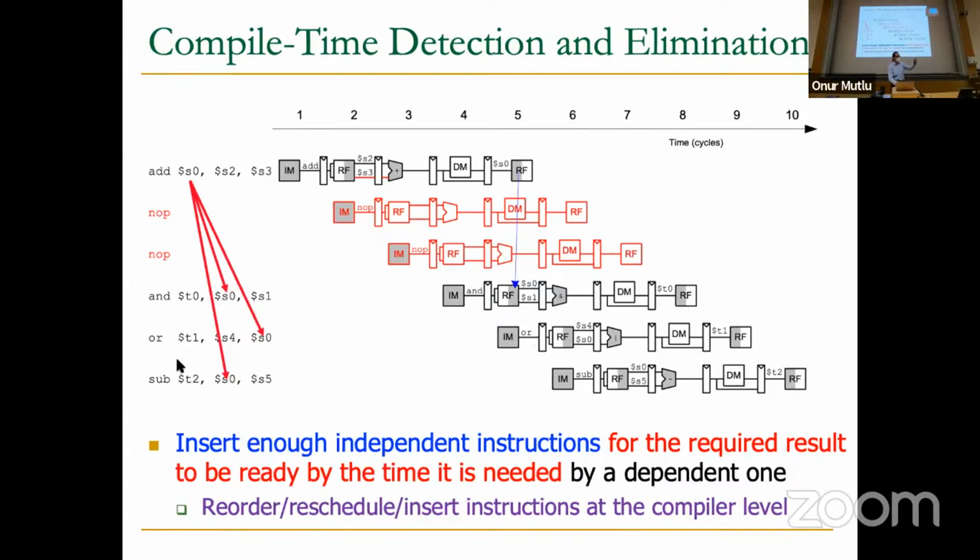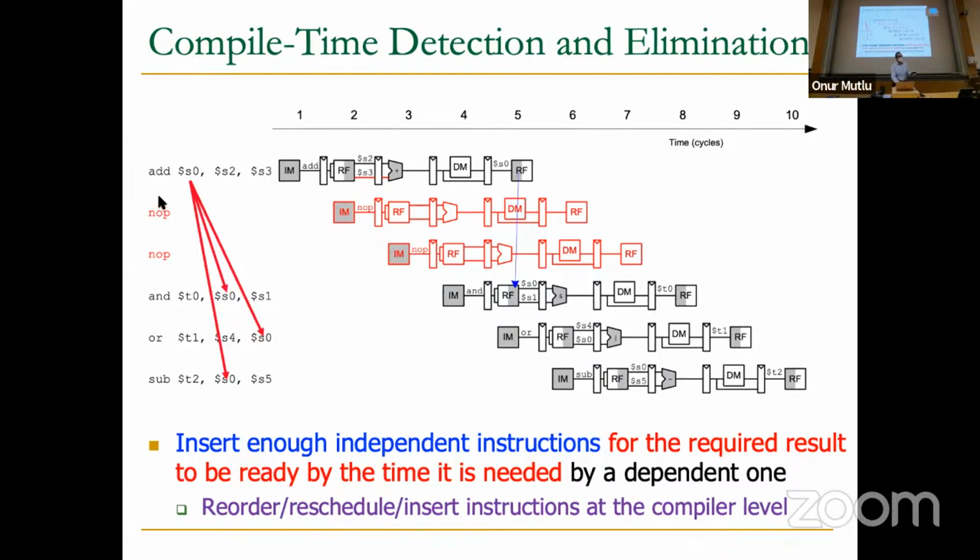It looks at the code and says, there's a subtract instruction that's independent of this add, and none of the other instructions depend on it. I'm going to take that subtract instruction from the bottom and move it up. As long as I don't change the program semantics, this is perfectly fine, and you did not waste any pipeline slots this way. That's called reordering or rescheduling instructions. I don't need to insert a no-op.